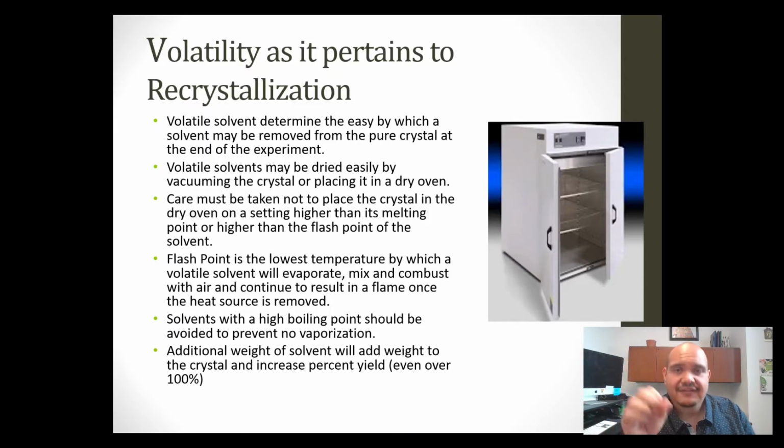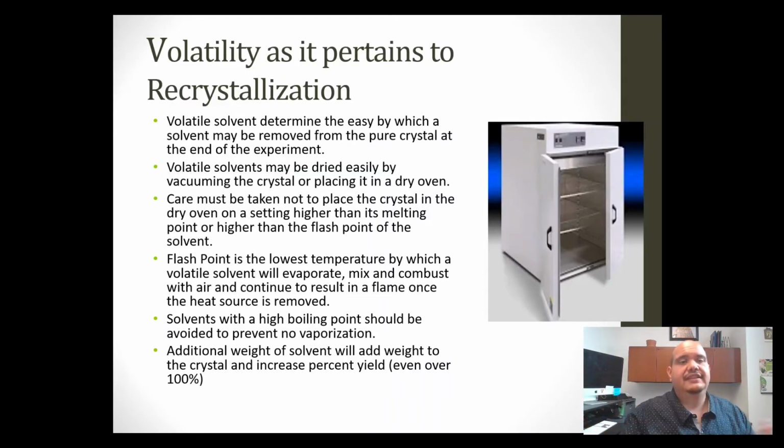But if it's not dry enough, take that crystal, put it on a watch glass, and pop it into the oven for a couple of minutes, and that solvent will vaporize away. Don't leave it in too long, especially if the heat is too high. It's actually going to melt your crystal too and probably vaporize that away. So you've got to be careful with dry ovens. But a dry oven is a way to dry out a crystal from a volatile solvent from a recrystallized product.